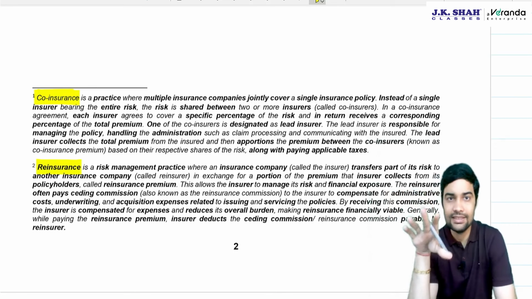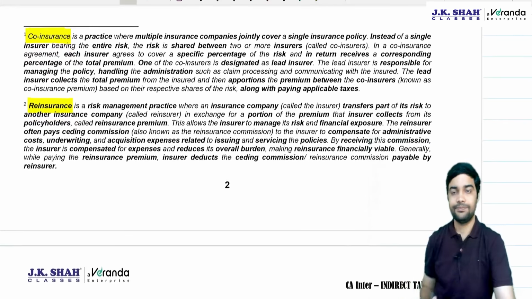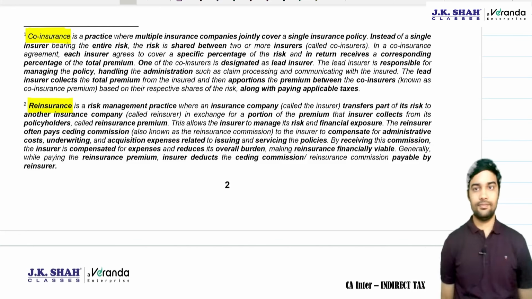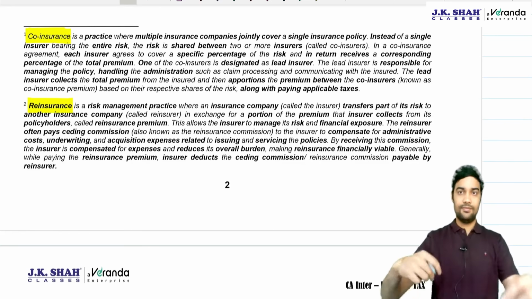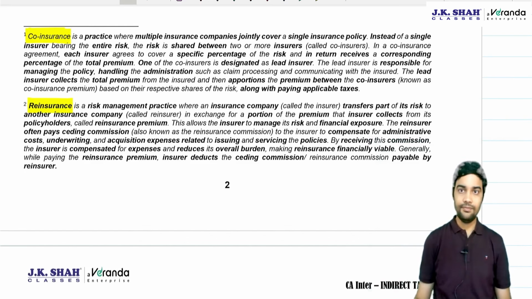Just have a look at these two definitions so that you are very clear on what is co-insurance and what is reinsurance.